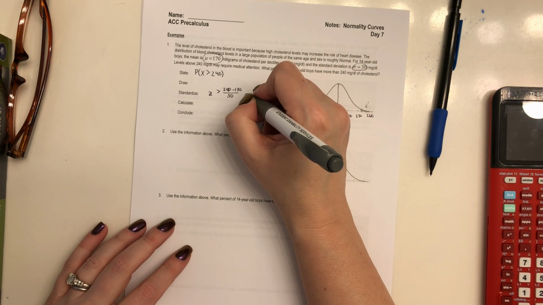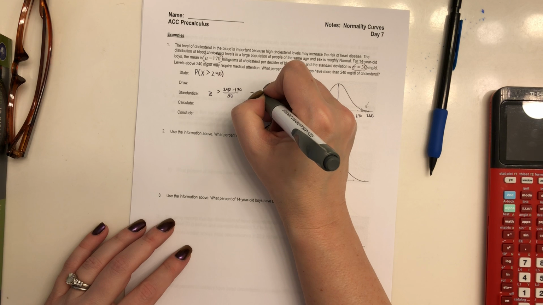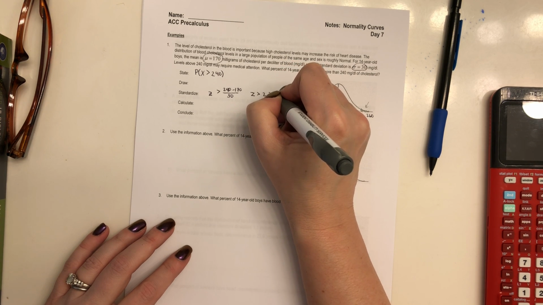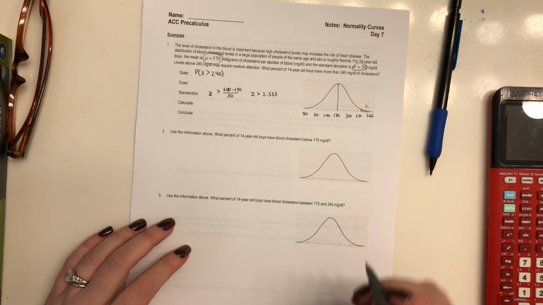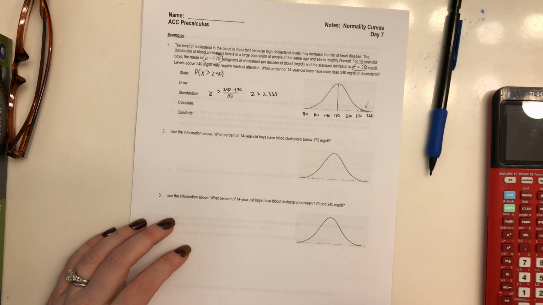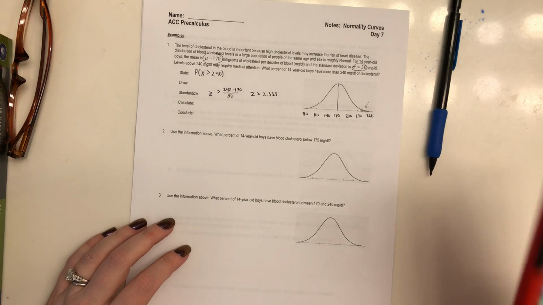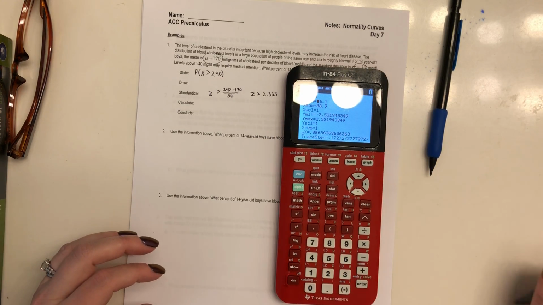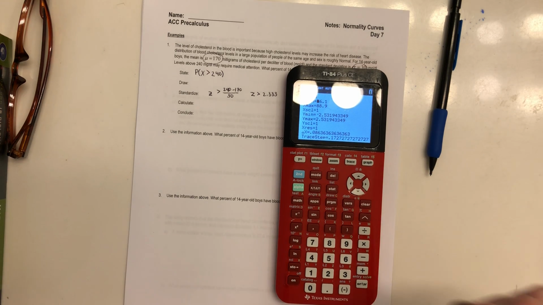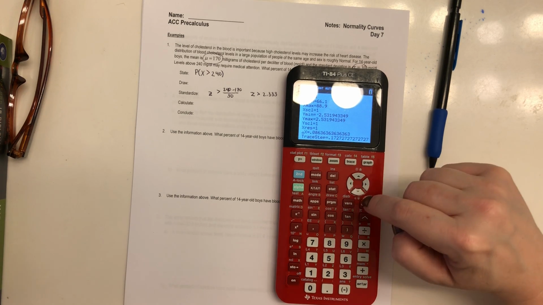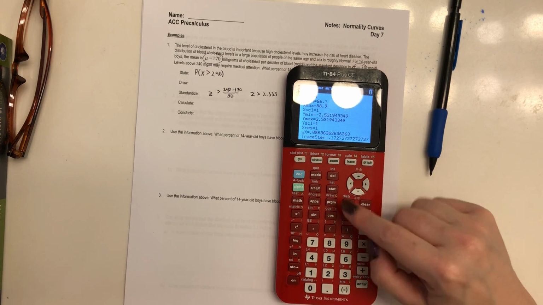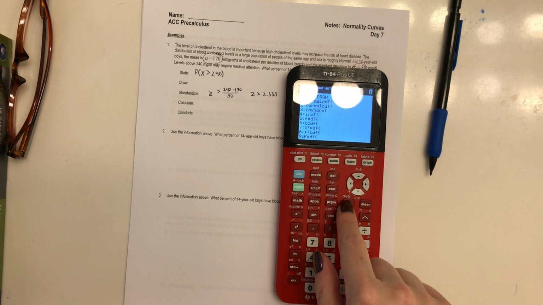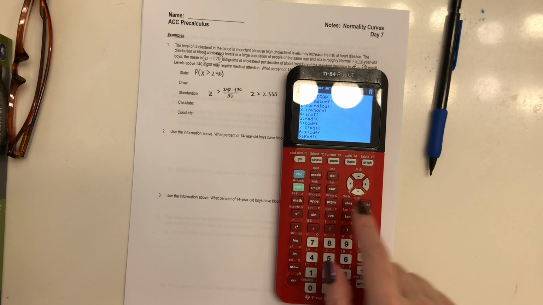So that means that Z is greater than 2.333. Okay, so let's take a look at our calculator and see how we're going to get that, since we might not have a normal curve at home. Okay, so first thing I'm going to do is go over to my Distr menu. Distr is right up there, D-I-S-T-R, right above VARS.